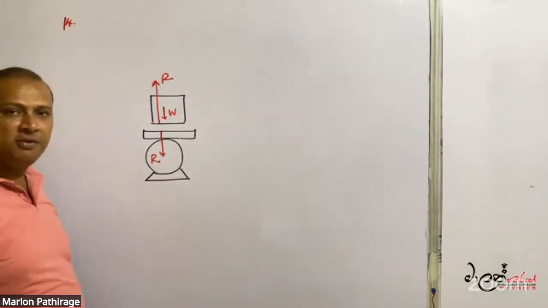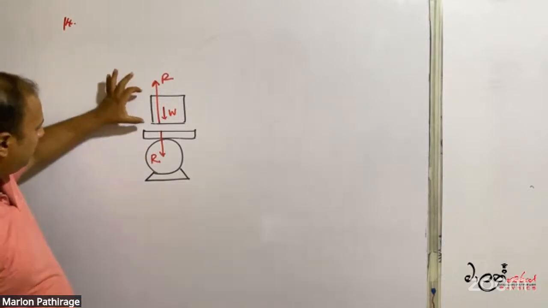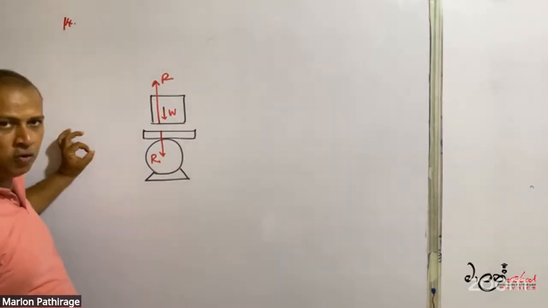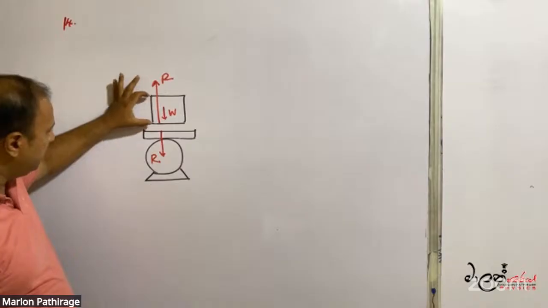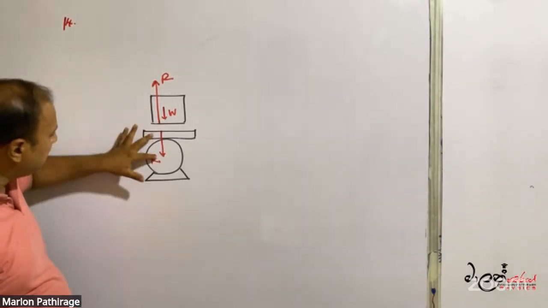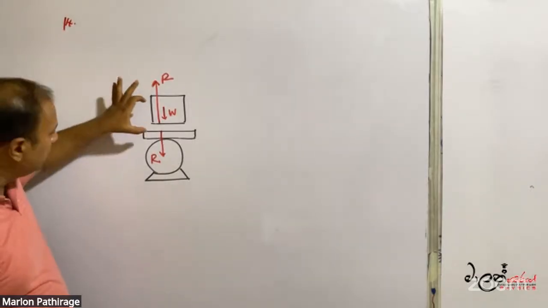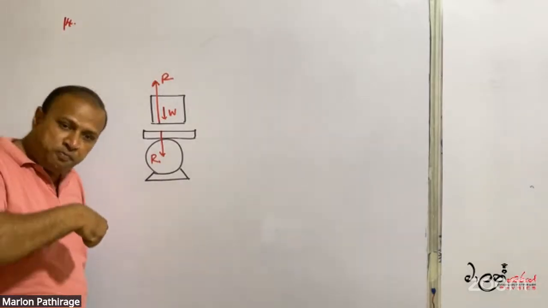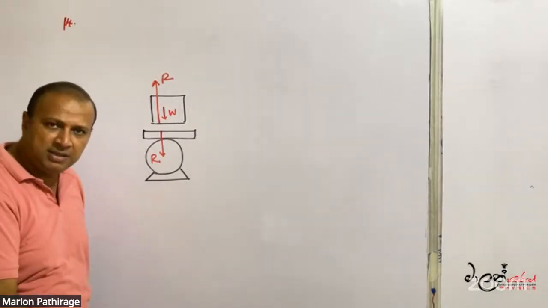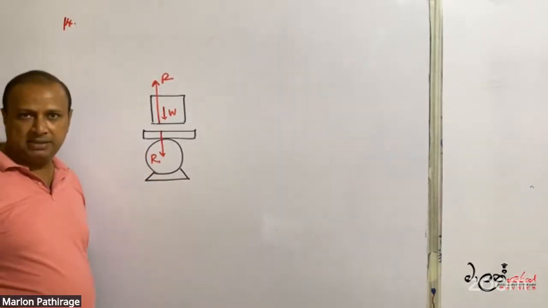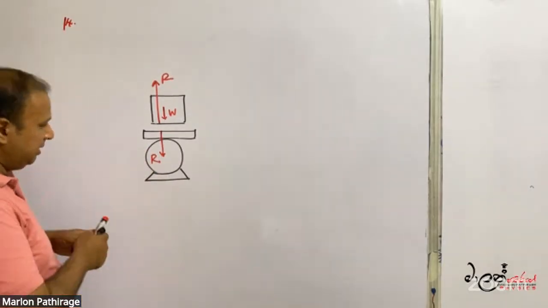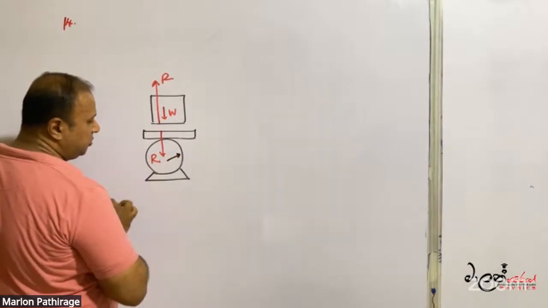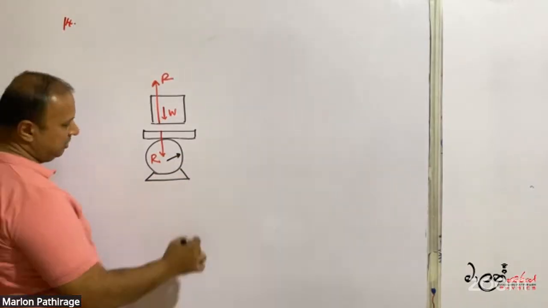Due to the contact reaction between the object and the balance, there will be a force on the balance, and its scale will show a reading.